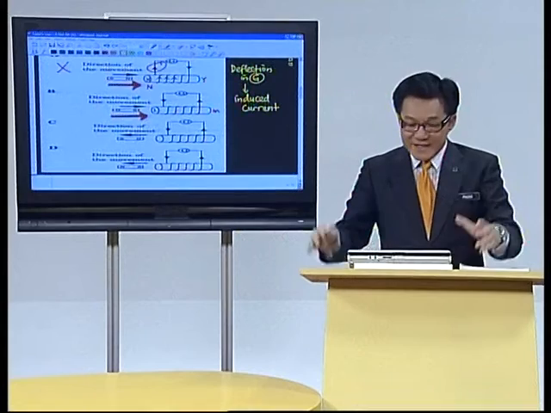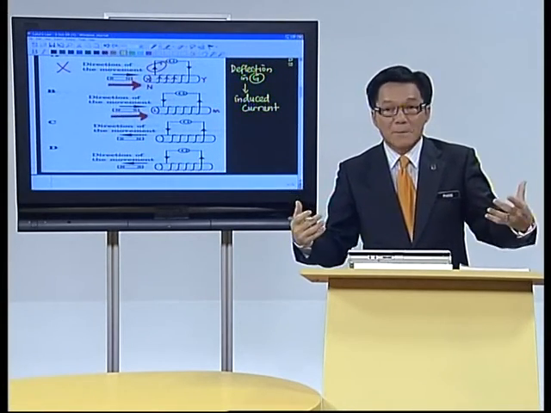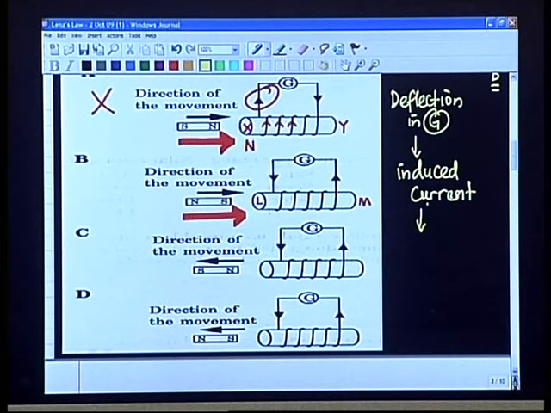And since there is an induced current, what has LM become? The coil LM has become, or I just write down, becomes an electromagnet.